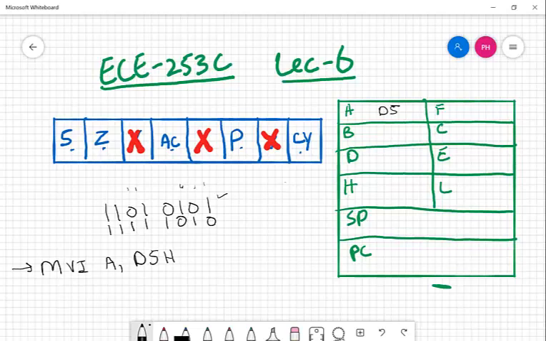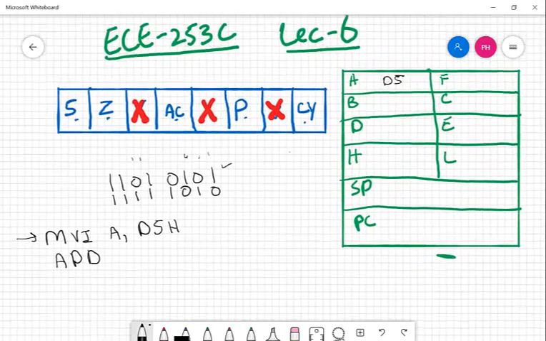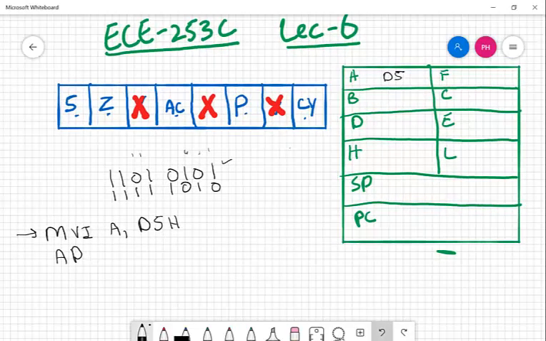And then the next instruction. Before adding, I will move the second operand, the second number, with move immediate into another register, maybe B. That will be FAH.